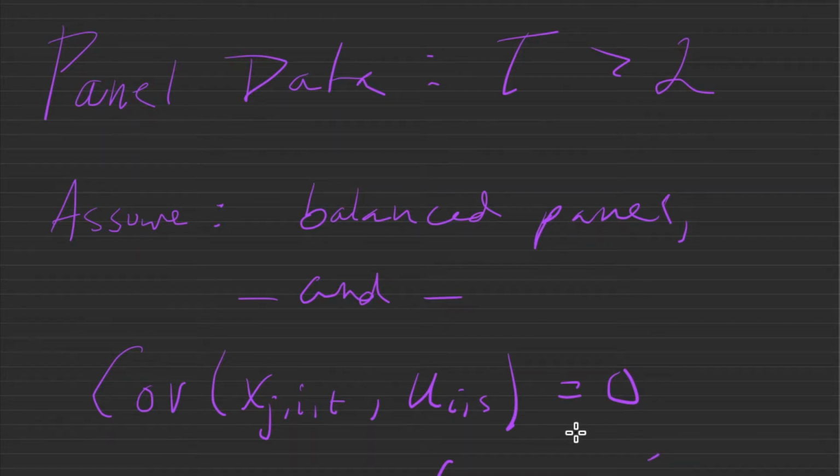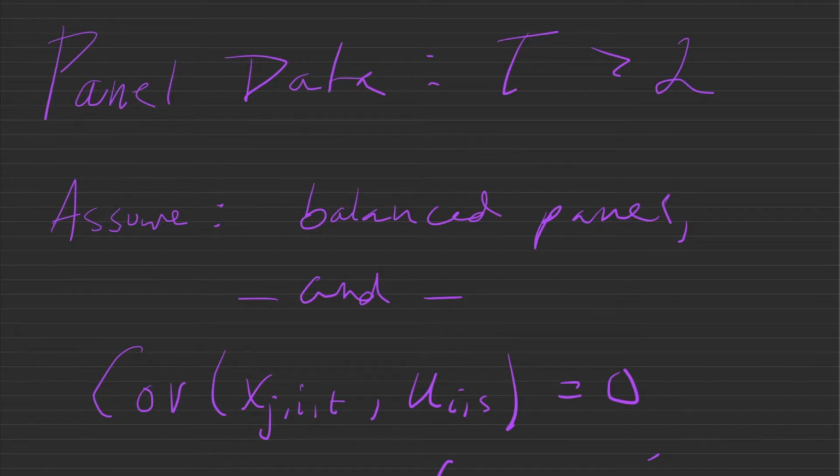This is a very strong assumption, and indeed it's referred to as strong exogeneity or strictly exogenous. And we're going to assume that this holds after we difference out the fixed effect. We will be able to relax this a little bit when we get to more advanced panel data methods, but for now we're going to assume that this holds.